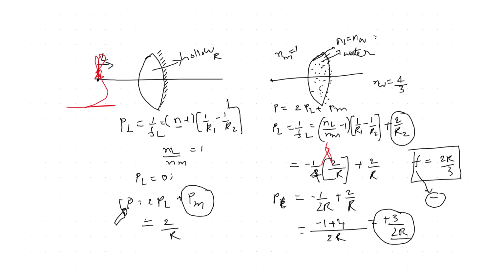So see, I will tell the conclusions. In the calculation of power, the formula is: total power P is equal to 2PL plus PM.